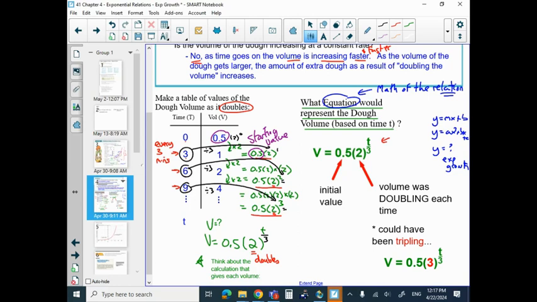This is the time period t, divided by that doubling period. So this is t divided by the doubling time. That's what that one ended up being. So you just kind of have to say, okay, that's what it is.